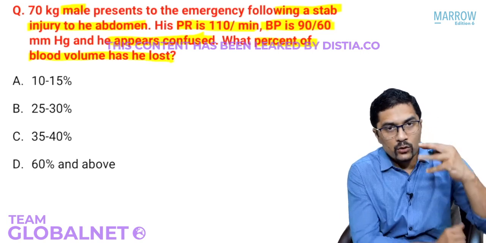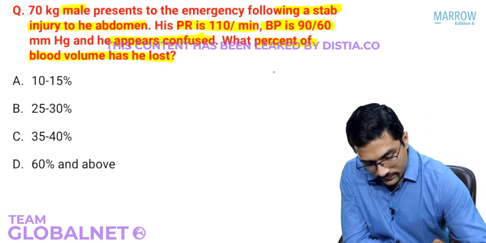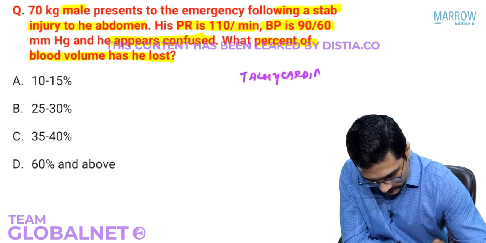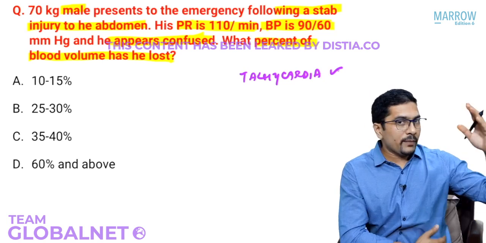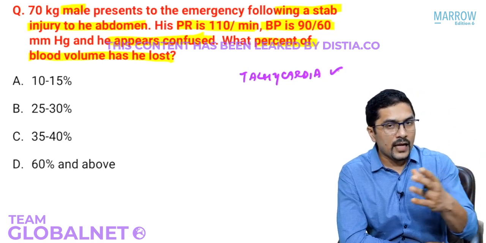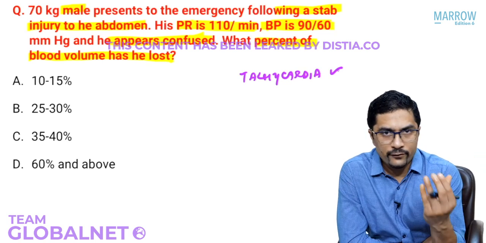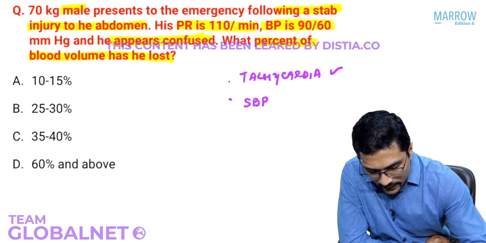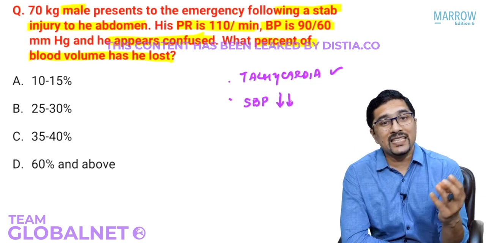So very simple. How do we approach these questions? There is tachycardia here, right? So it cannot be class 1 shock. Has to be either class 2, class 3 or class 4, right? First thing. Second thing, systolic BP has started falling. It is 90 systolic.